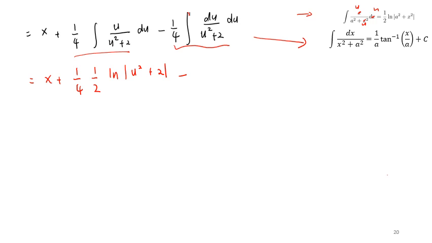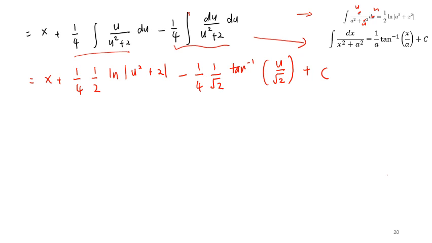So 1 over 4 times 1 over a. So here your a squared is 2, so your a is the square root of 2. And then arctangent of u over a, u over square root of 2. Plus, of course, the integration constant.